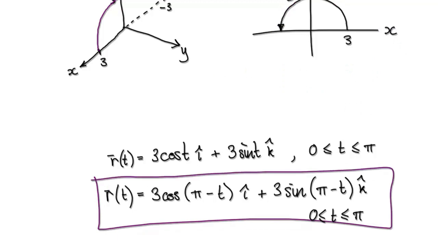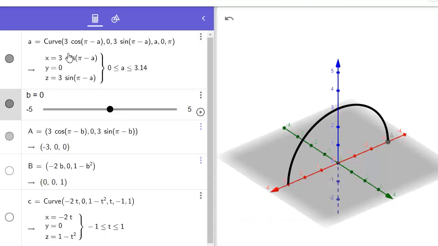So we're going to jump to GeoGebra. Punch in your curve. So this is your curve here, and then add your particle. This is our particle here. I hope you can see it's right there. When the particle is at b, which is our t in a way, when b is 0, you can see that it starts at -3, and then as you move to pi, you can see that the particle is moving backwards.